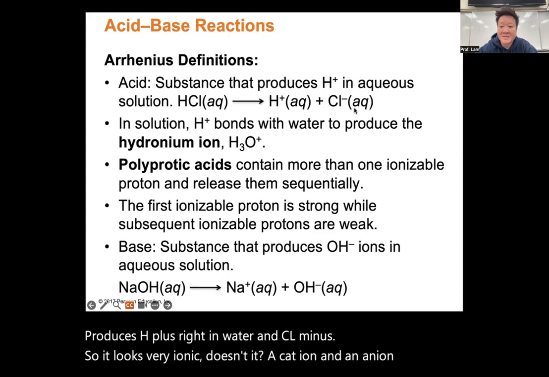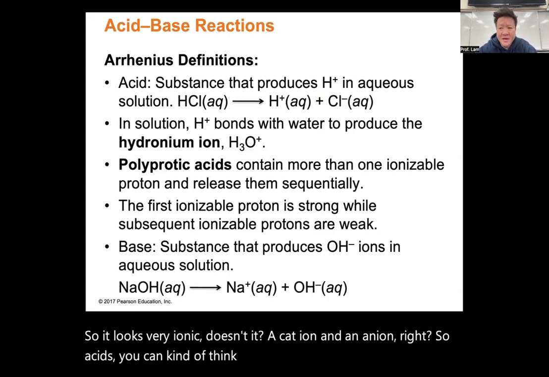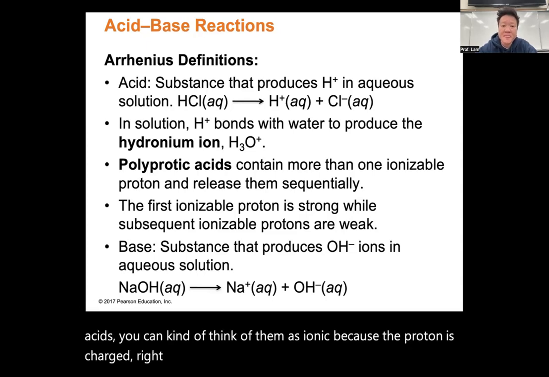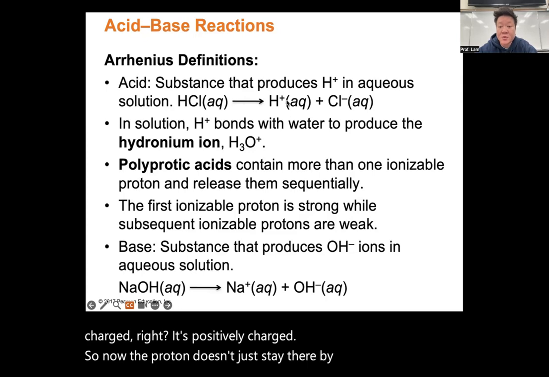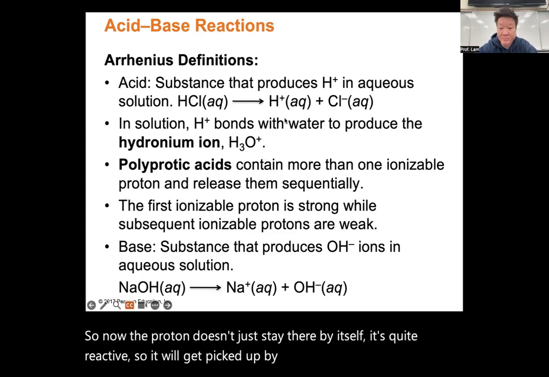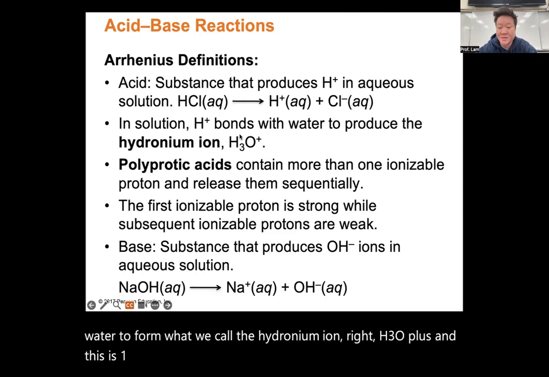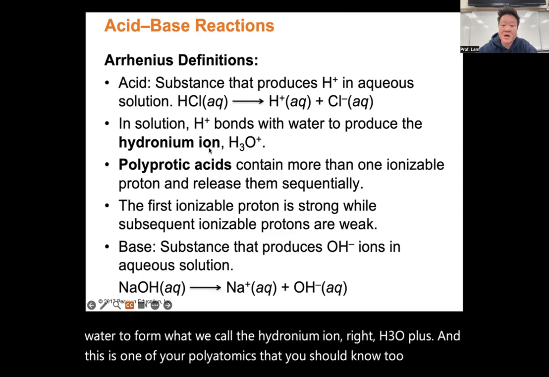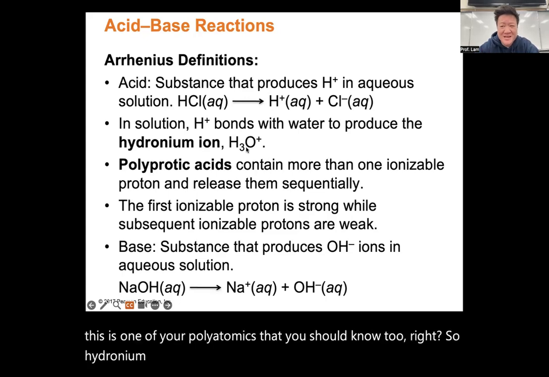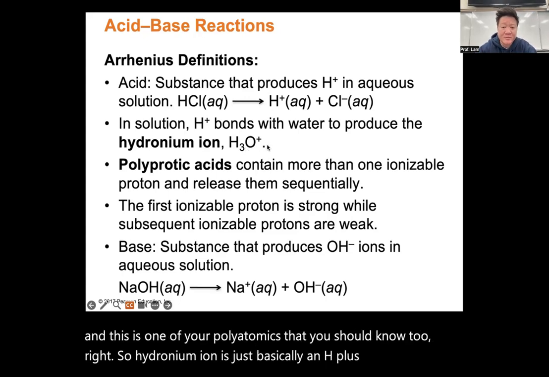So acids, you can think of them as ionic because the proton is positively charged. Now the proton doesn't just stay there by itself. It's quite reactive, so it will get picked up by water. It binds to water to form what we call the hydronium ion, H3O plus. This is one of your polyatomics that you should know too. A hydronium ion is just an H plus with a water attached to it.